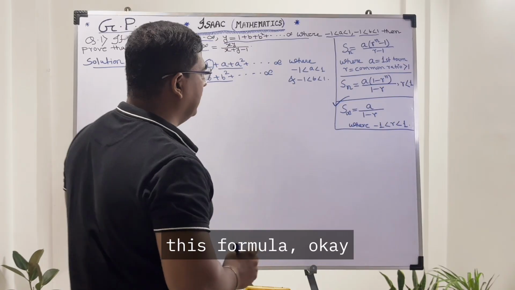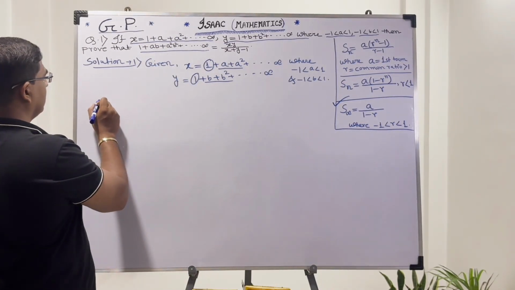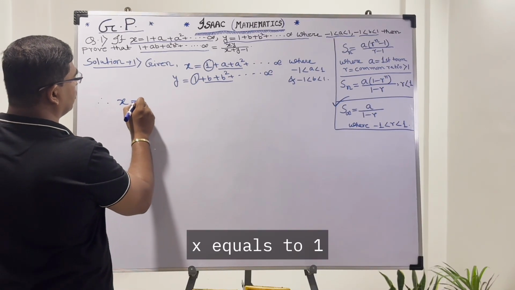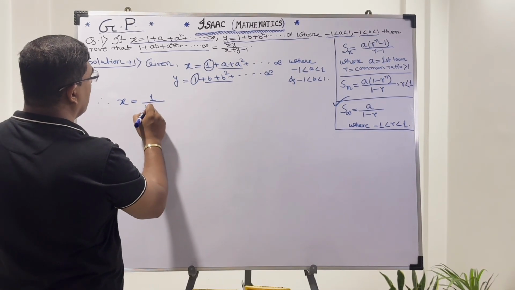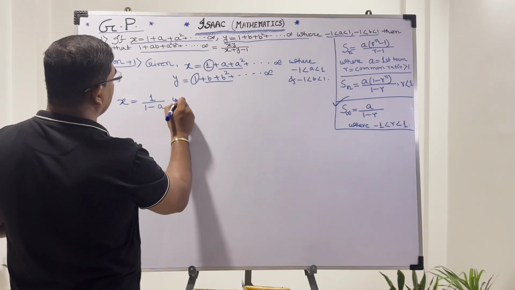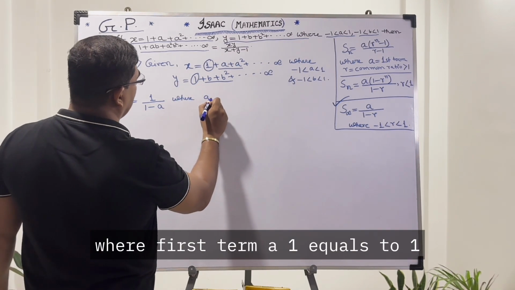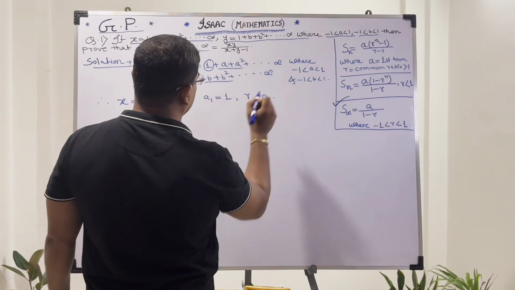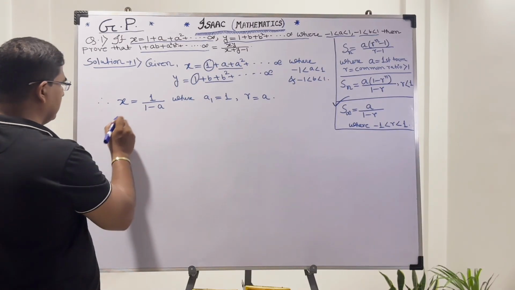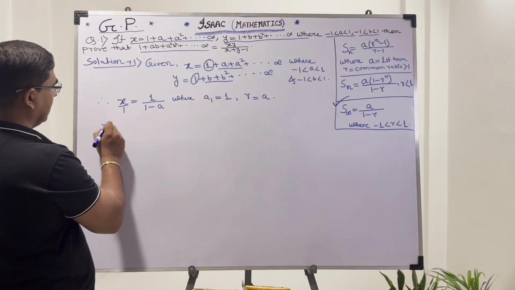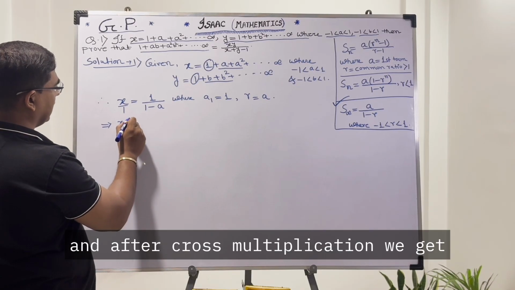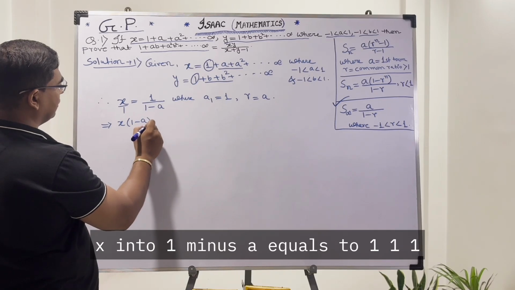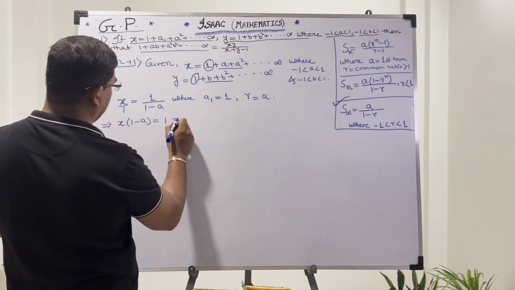Then, if we want to find the sum of this series, we have to follow this formula. Therefore x equals 1 by 1 minus a, where first term a1 equals 1 and common ratio r is a. Nothing is here means 1 is here, and after cross multiplication we get x into 1 minus a equals 1.